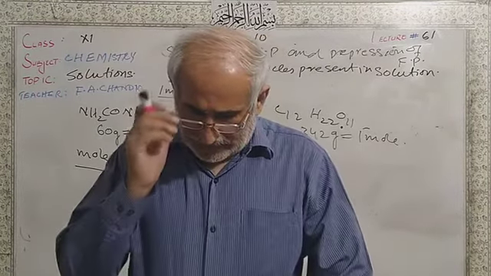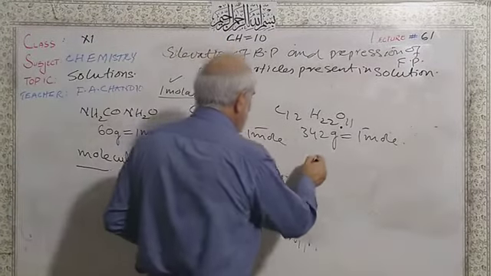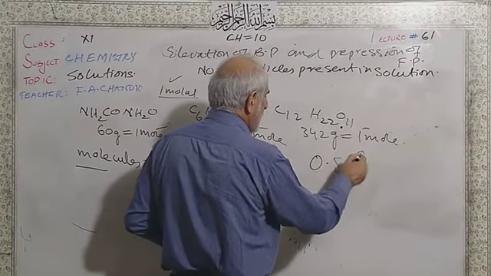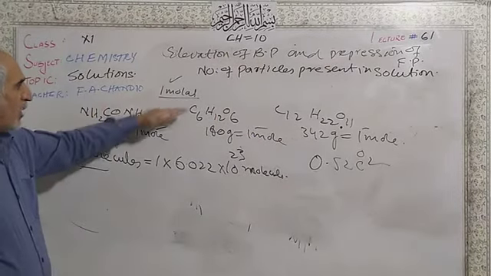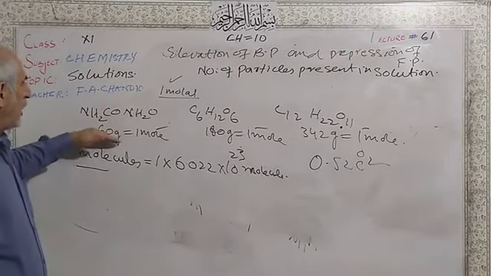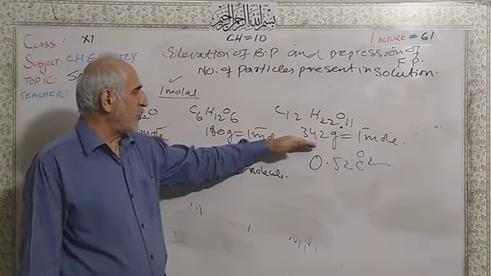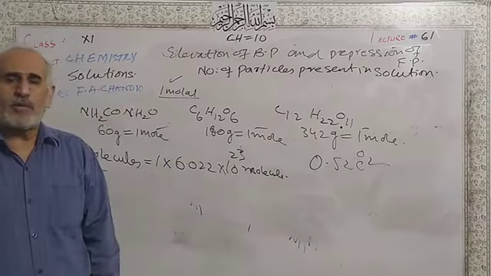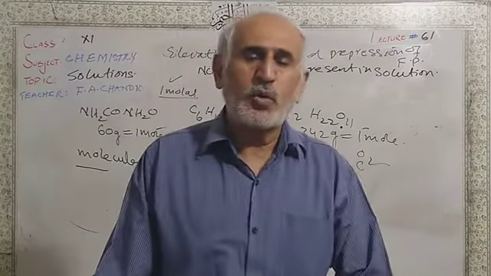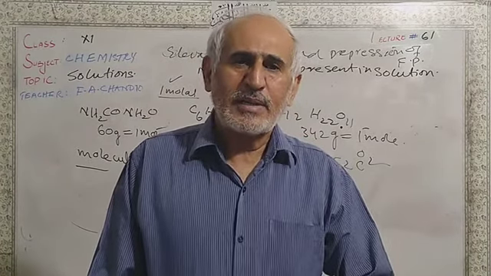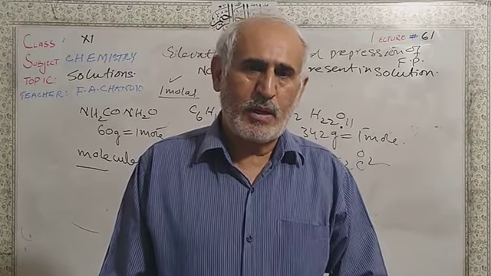So dear students, if you have 1 molar solutions, these are all 1 molar solutions, the elevation of boiling point is 0.52 degrees centigrade. If you have 1 molar solutions of these, 60 grams, 180 grams, 342 grams dissolved in 1 kilogram of the solvent, the elevation of boiling point is equally 0.52 degrees centigrade, because these solutions contain an equal number of particles.